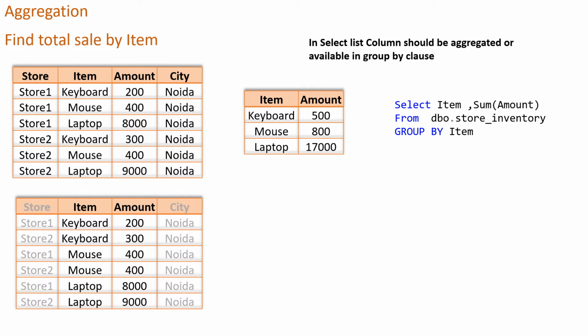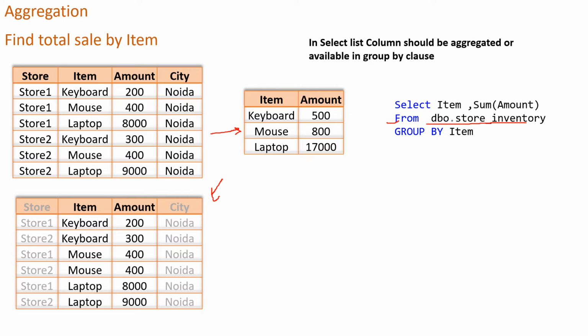Now let's take a look at how the previous example works and how the query is executed. We want to achieve this functionality. First, the from clause is executed on the inventory table and we get the whole inventory table.